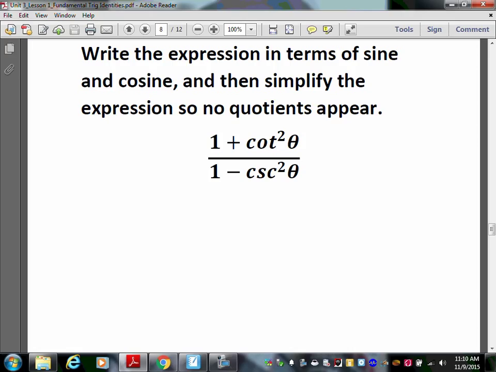That's what it means to have no quotients. So I need to figure out how to rewrite these in terms of just sine and cosine.